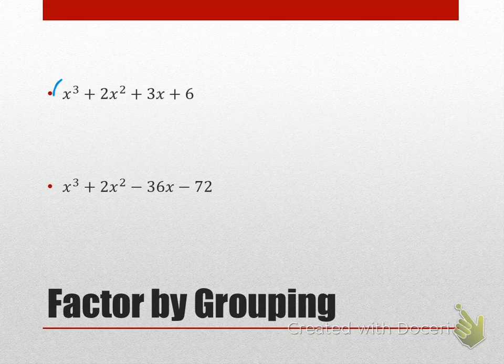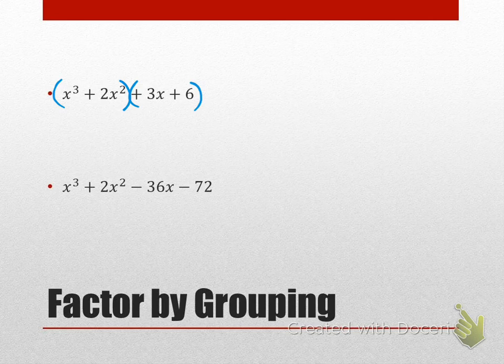Put parentheses. Very good. Parentheses around the first 2 terms and parentheses around the next 2 terms. Now what we do is we take out the greatest common factor of each set of parentheses. What is the greatest common factor of x cubed plus x squared? 2. How many x's? It's a 2x.